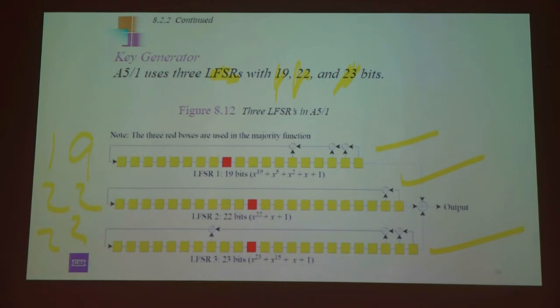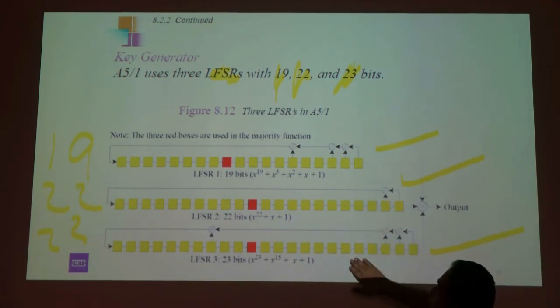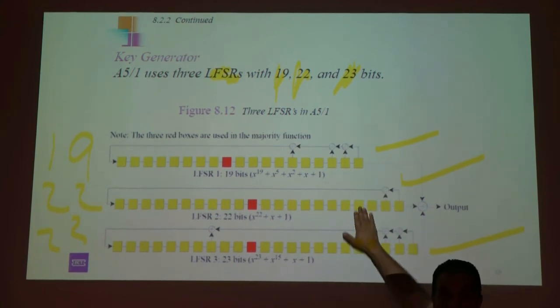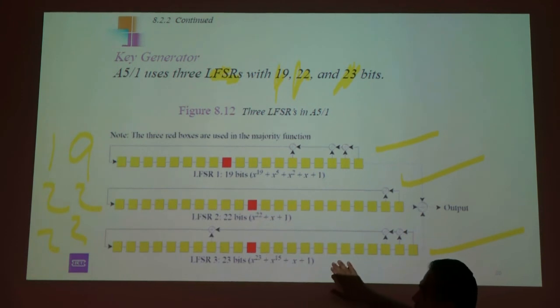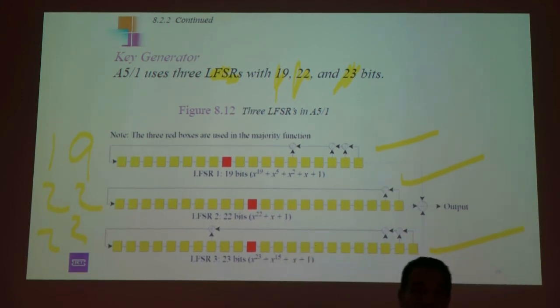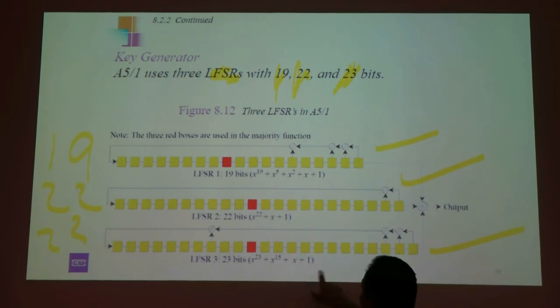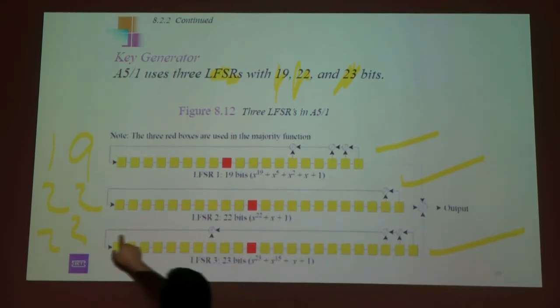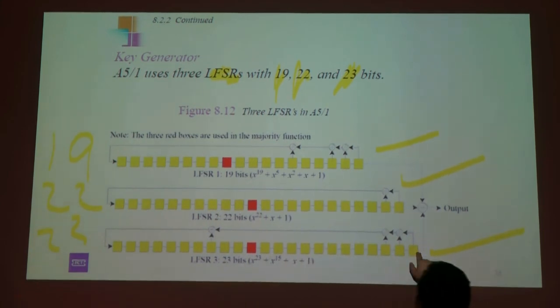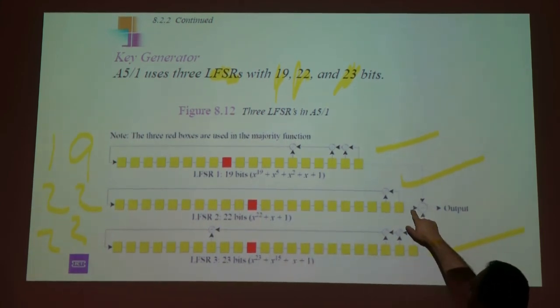That's the 3 LFSRs, right? If you forgot how we designed this, go back to chapter 5. The idea is that we're going to generate a bit every tick. So what will happen is it calculates, and then does the shift. Every time I tick, we get a bit in here, a bit in here, and a bit in here.